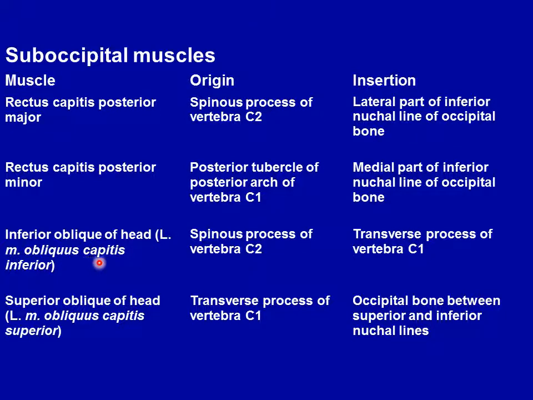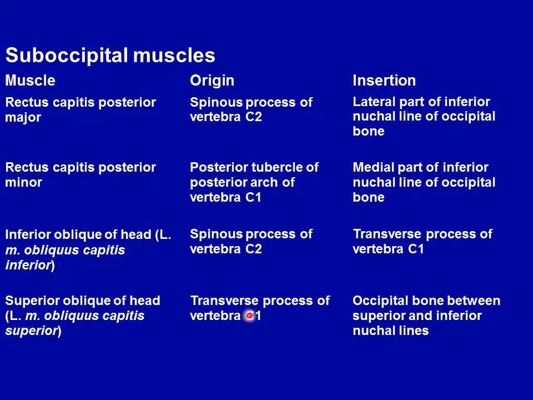also known as obliquus capitis inferior, it arises from the spinous process of the C2 vertebra, that is the axis vertebra, and inserts into the transverse process of C1, the atlas vertebra. Then we have the superior oblique, or obliquus capitis superior.